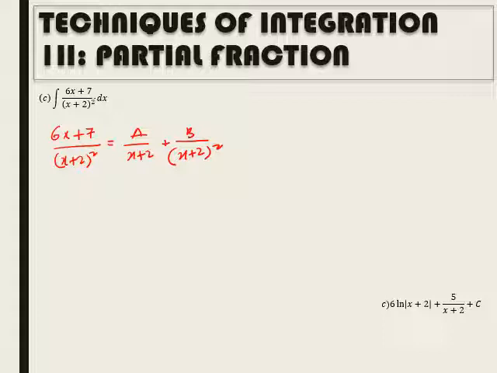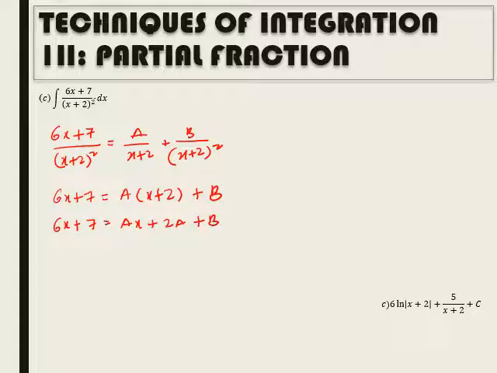So now we have a times x plus 2 plus b. Okay, this one, maybe we want to compare. 6x plus 7 is equals to ax plus 2a plus b.